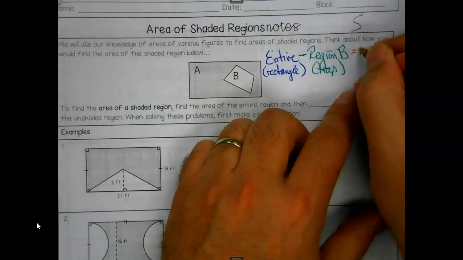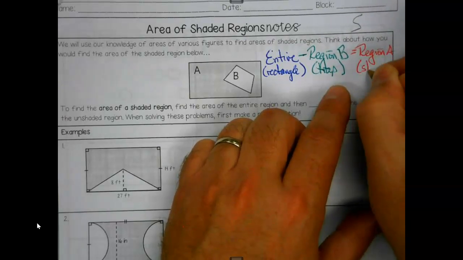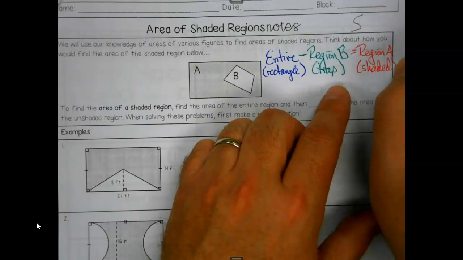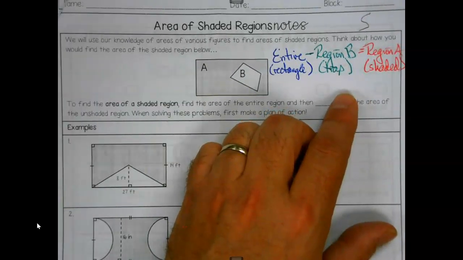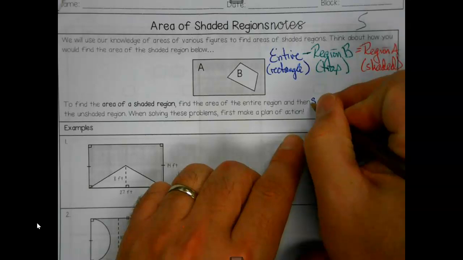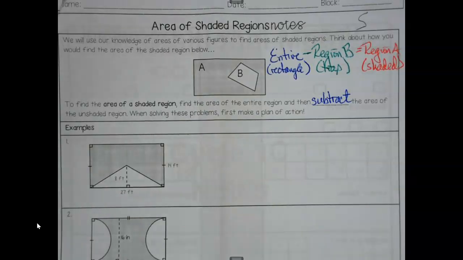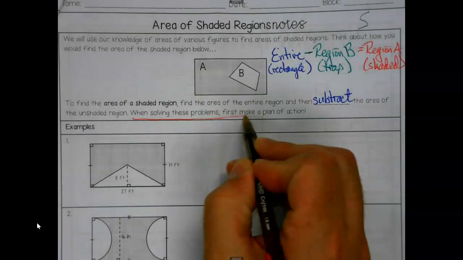And that would give us region A, which is the shaded area, which is what I'm trying to figure out. So biggest minus the smallest gets us what's in between. And so we're going to do a lot of things today where we're going to subtract to find that middle piece.